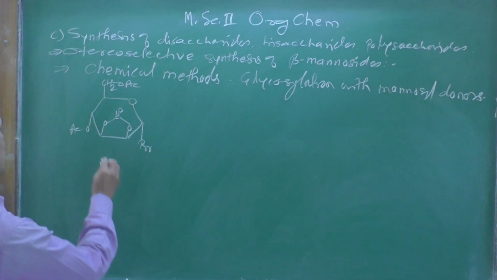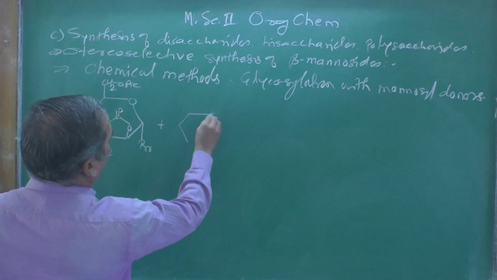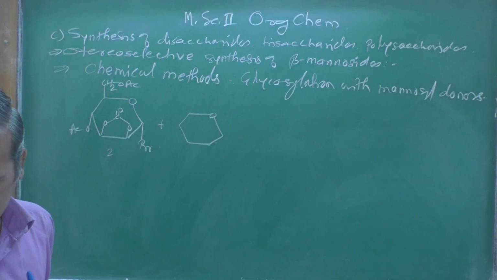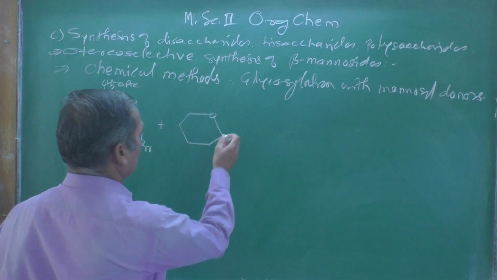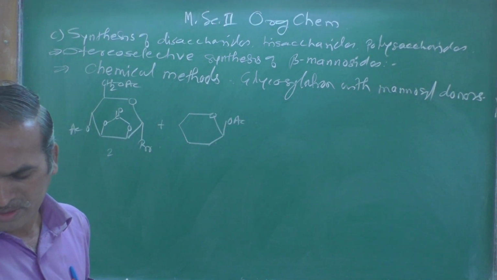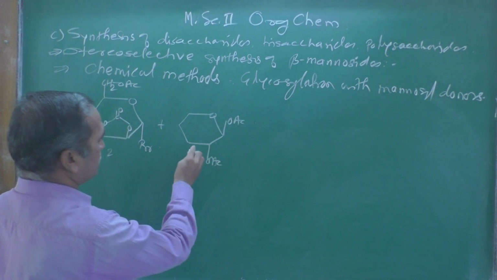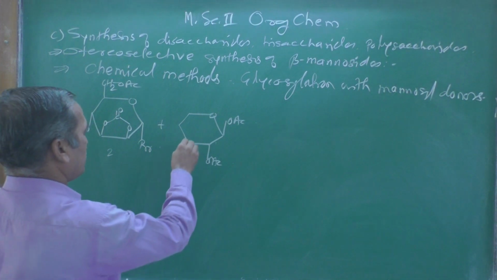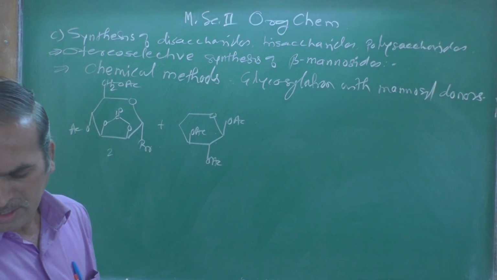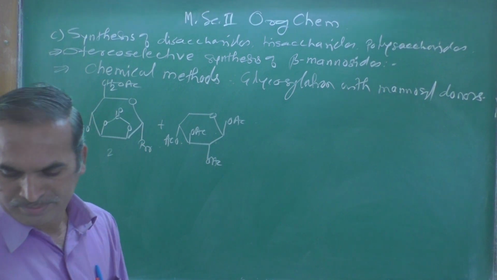This is structure number 2. It will be treated with this compound, where the O acetyl group at the anomeric carbon atom is protected, then here also an O acetyl group, and here once again an acetyl group, and here also a protected acetyl group.